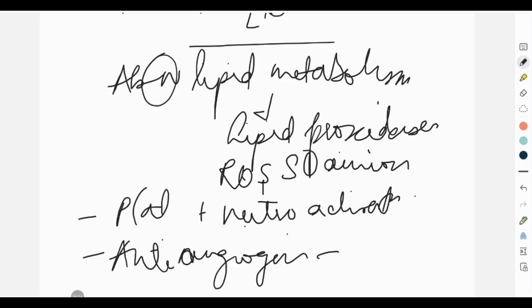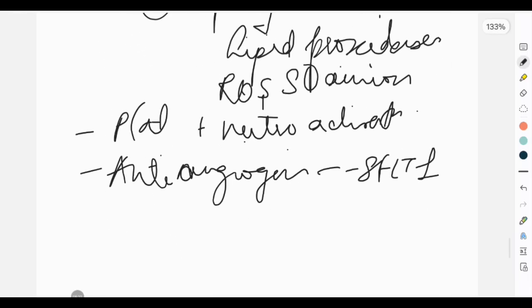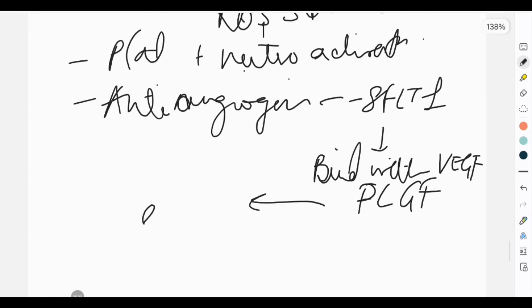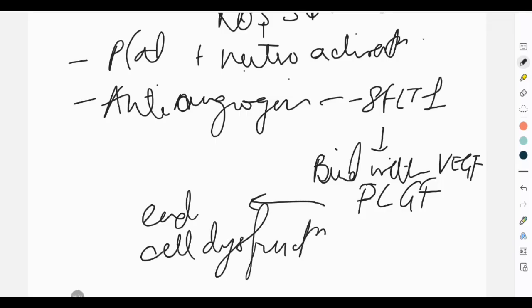And anti-angiogenic sFLT1 binds with VEGF and PLGF. It causes endothelial cell dysfunction.